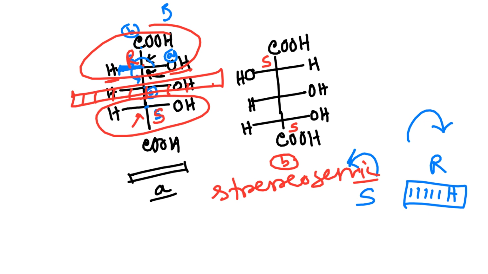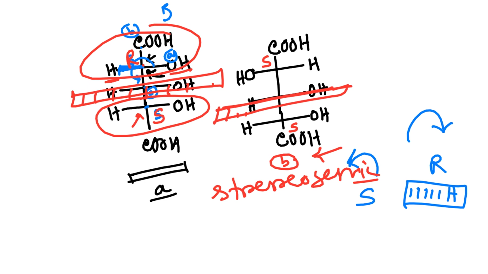Molecule B is chiral, there is no sigma plane. Are you sure? Sorry, you are correct. B is chiral. There is no symmetry plane here, okay?